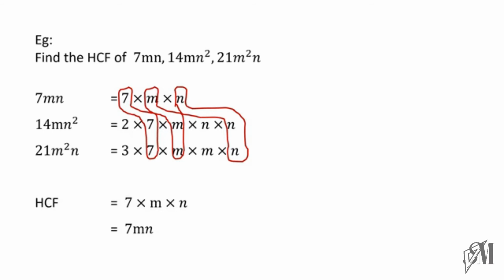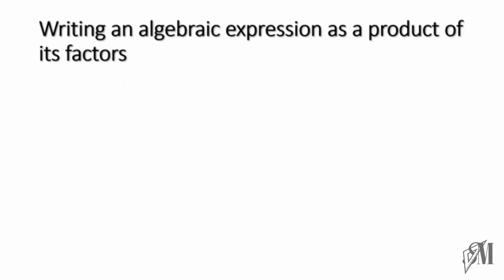Right. In the next section, we are going to see how to write an algebraic expression as a product of its factors. So let me explain you how to do this through an example. Now see here, 4x plus 8y. We are going to factorize this. Factorizing means taking or writing this expression as a product of two or more terms. Right.